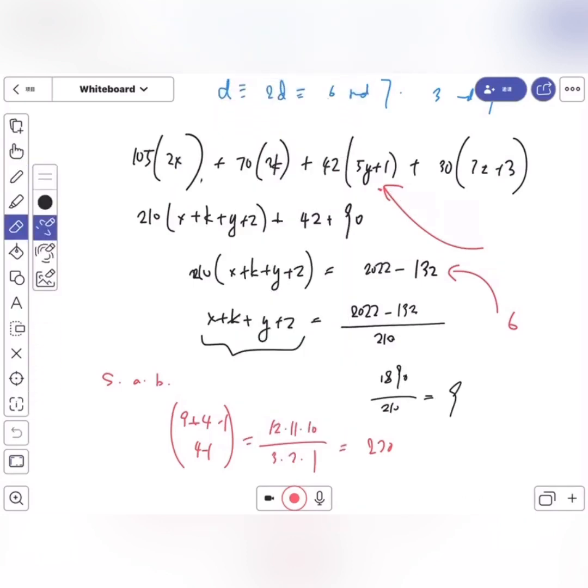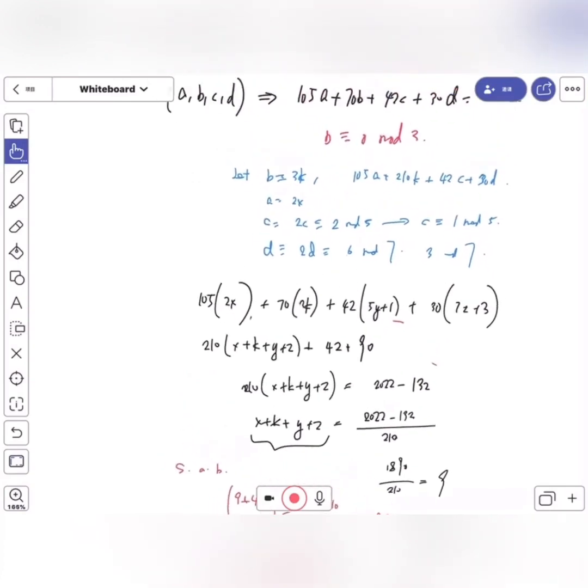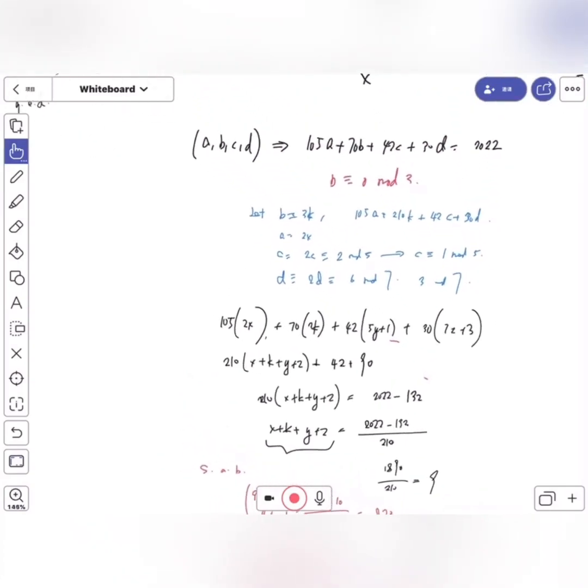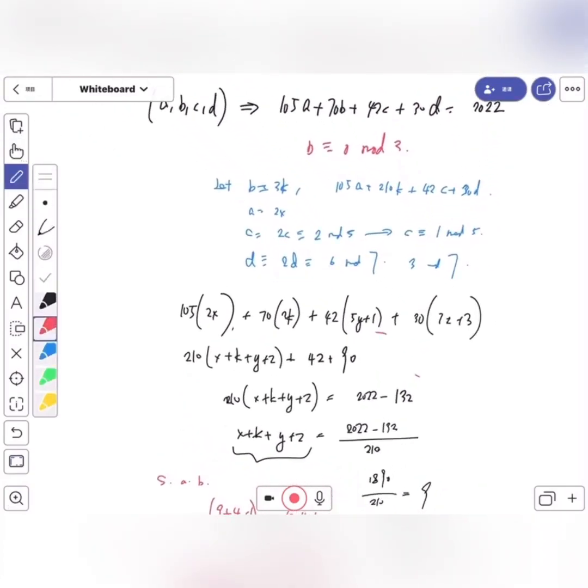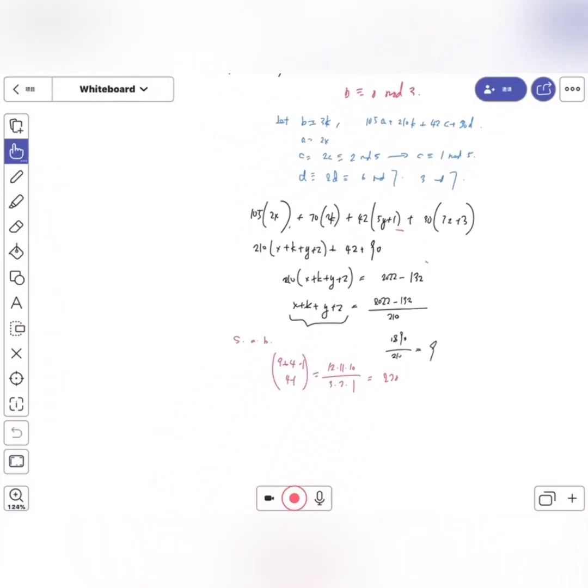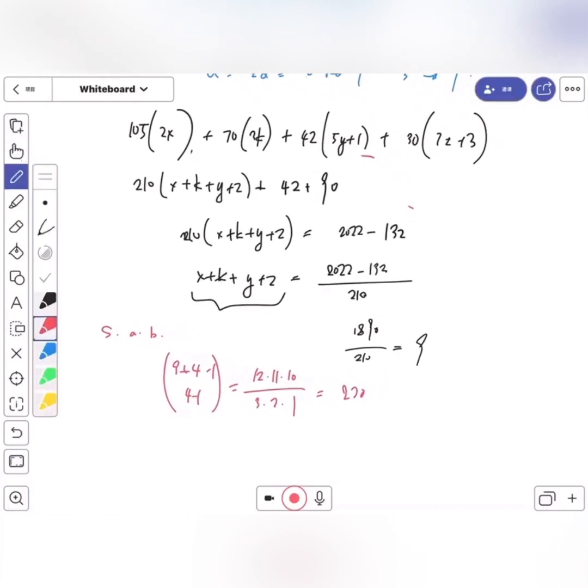So let me just go back. Wait, 2c is 2 mod 5, so c cannot be 3 mod 5. Sorry about that, but yes, c can only be 1 mod 5.